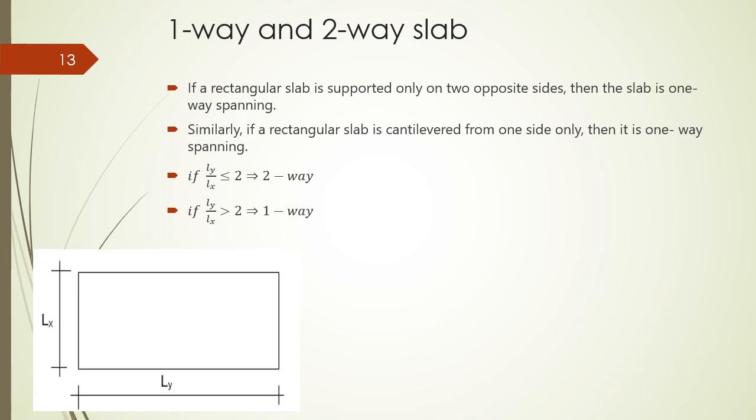To use figures to illustrate these 4 points, I'll make some sketches on the picture. So, for example, a slab is supported on two sides, such as in point A here, then this is considered a one-way spanning slab.